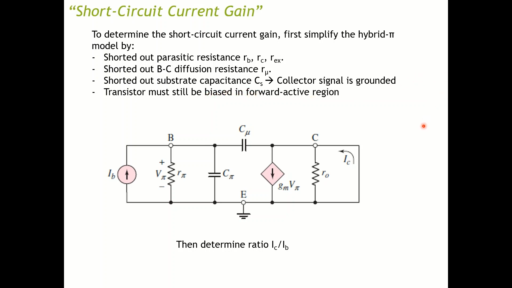With all of this, you have the simplified hybrid-pi model for short circuit current gain analysis. Then you can determine your current gain by finding the ratio IC, which is this current, over IB, which is this current. So the current coming into the base and the current coming into the collector.